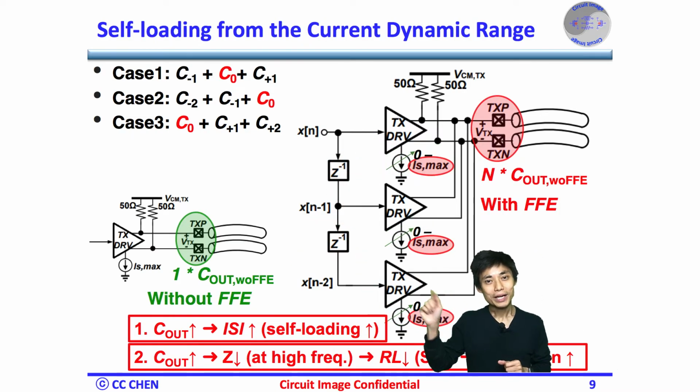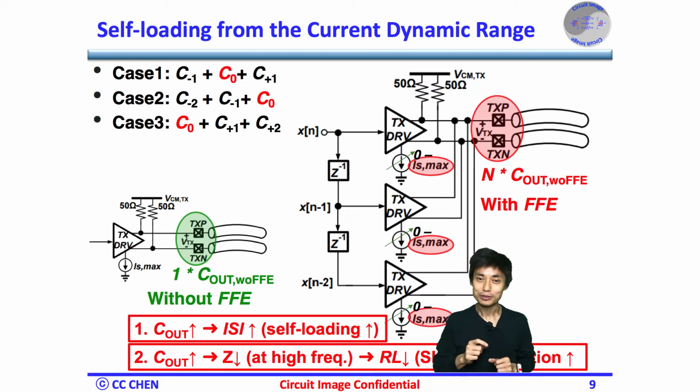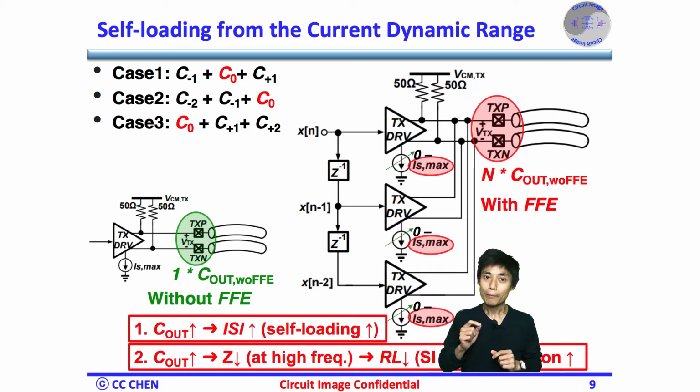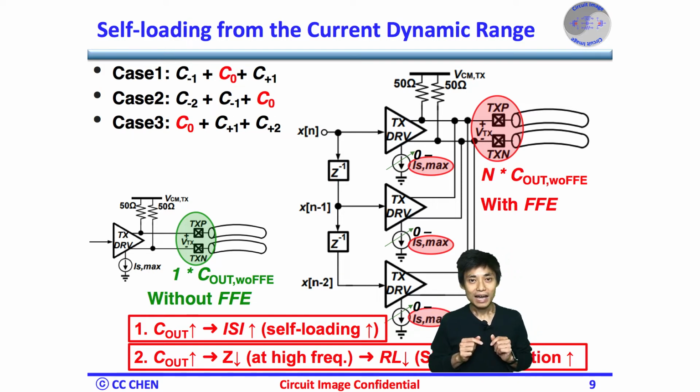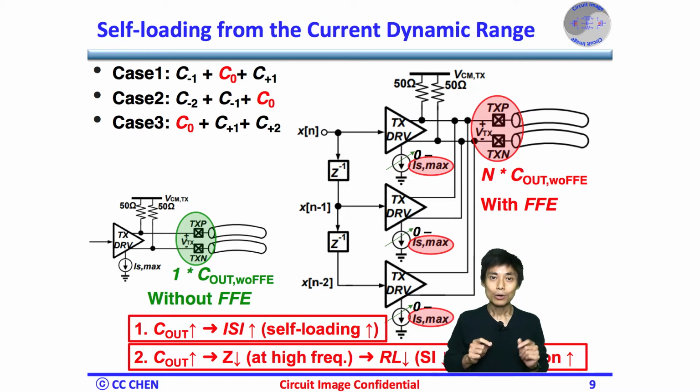Correct. To make a very flexible FFE configuration, all the tail currents must be able to tune to the maximum available current, since each tap is possible to act as a main cursor tap. Therefore, the output device size of an analog-based TX with the N-tap FFE could be N times that of the analog-based TX without FFE. That's obvious.